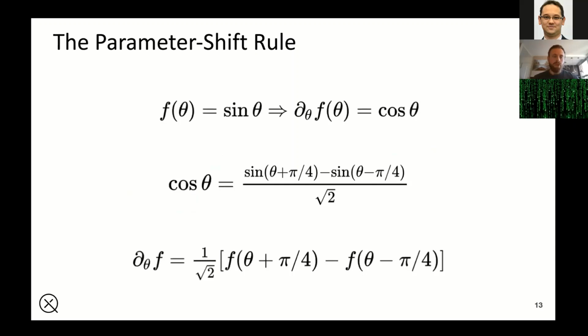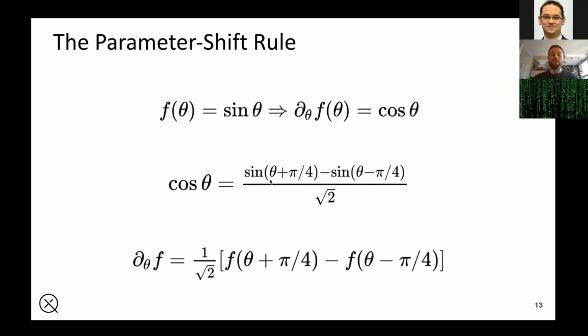Going further and trying to understand the parameter shift rule, we can draw similarities with trigonometric functions, such as the sine function. So let's say that we choose the sine function as a target function, and we would like to provide its gradient. Well, its gradient is going to be the cosine function, but there's also a trick that we can use here.